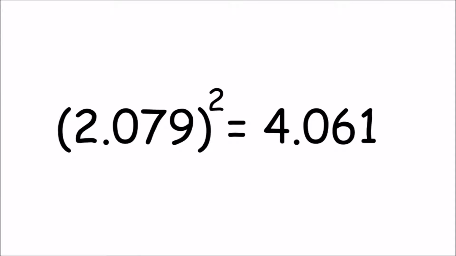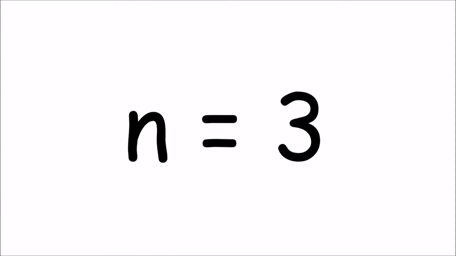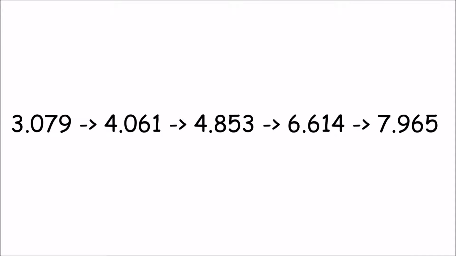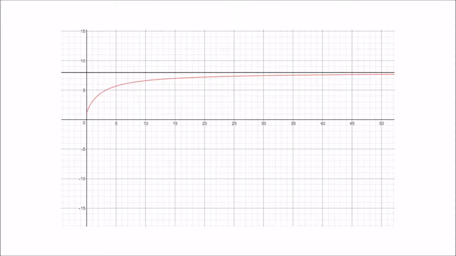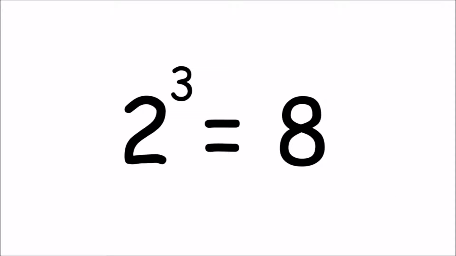So it's 4.061. The 3rd iteration turns out to be 4.853. The 10th iteration is 6.614, and the 500th iteration is 7.965. You see how these numbers are getting close to the final answer of 8? Therefore, 2 to the 3 is 8.